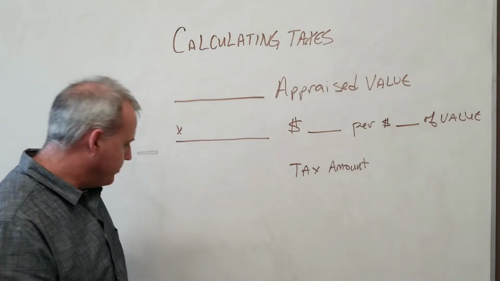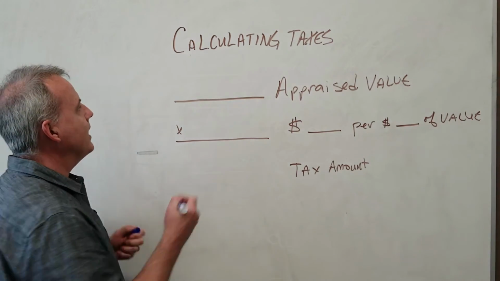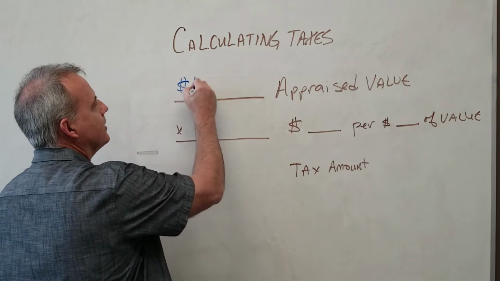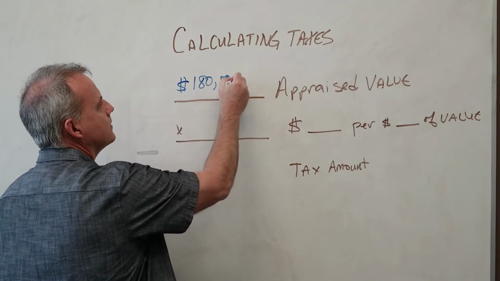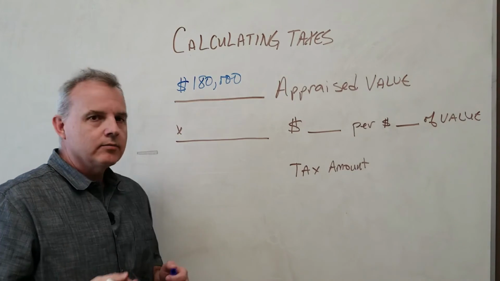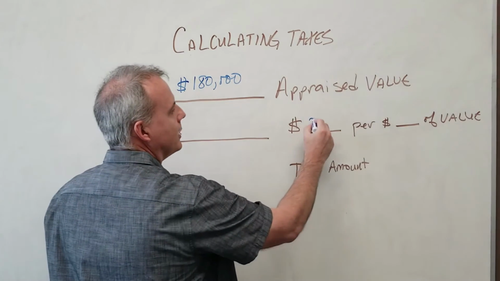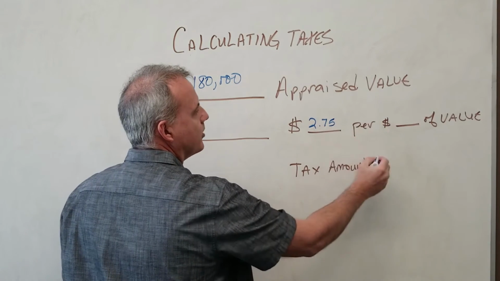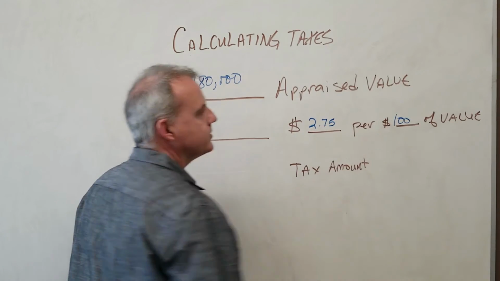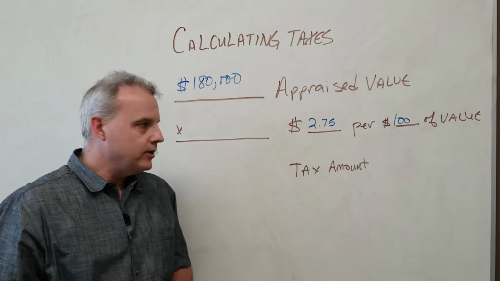So in our example in the book, we have an appraised value of $180,000. And we're going to multiply that, again, knowing the process here, it's $2.75 per $100 of the property's value.